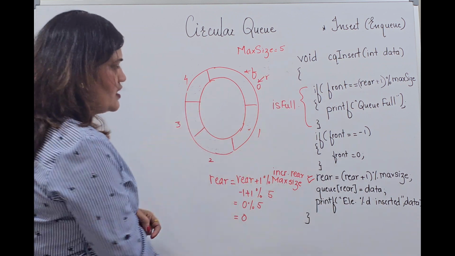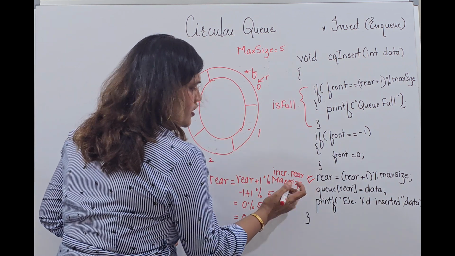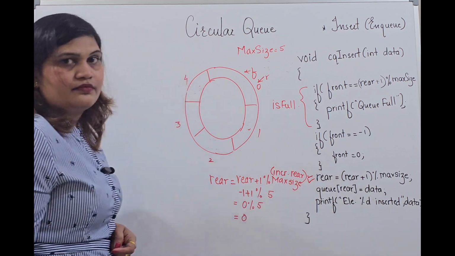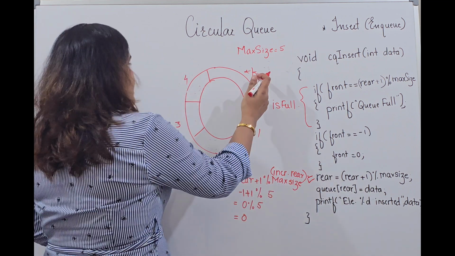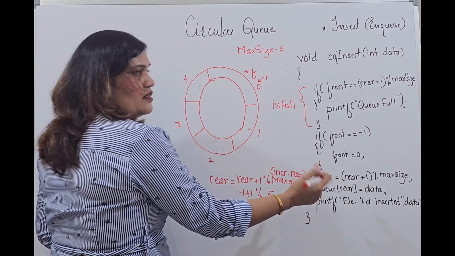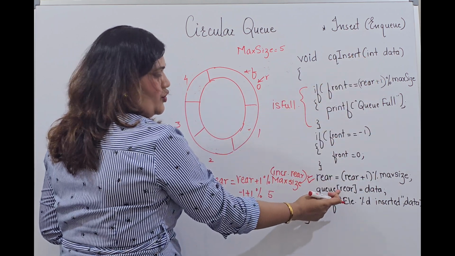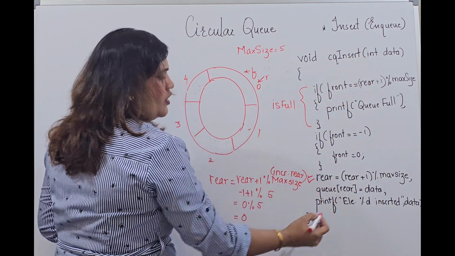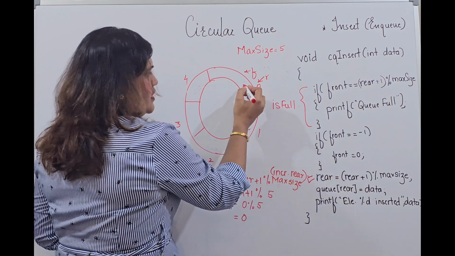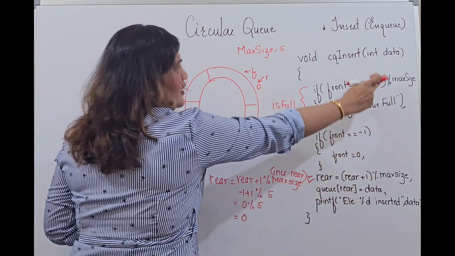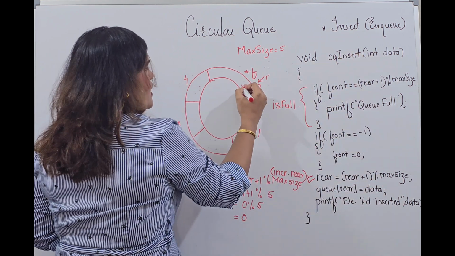I'll insert the element. So this line is basically incrementing your rear. Once I increment, now what will I do? I'll insert my value, the data that was taken in. So I'll insert that at my rear position. Q of rear, Q is the name of my queue. Where is my rear pointing? Here. I'll insert the data that was sent from here. Suppose it was 10.